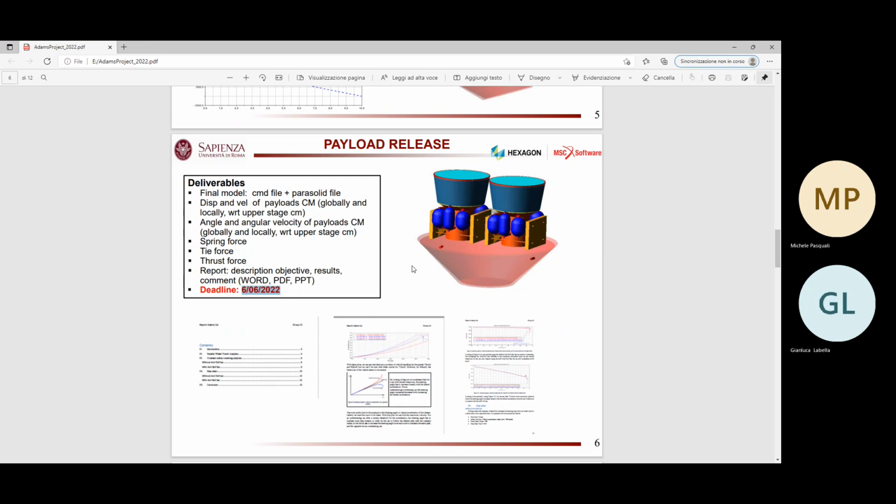But before actually starting, you will see that there is a design variable that I designed, so that each group will have slightly different input parameters, in terms of densities and stiffnesses and so on. Each one of you will have slightly different results.